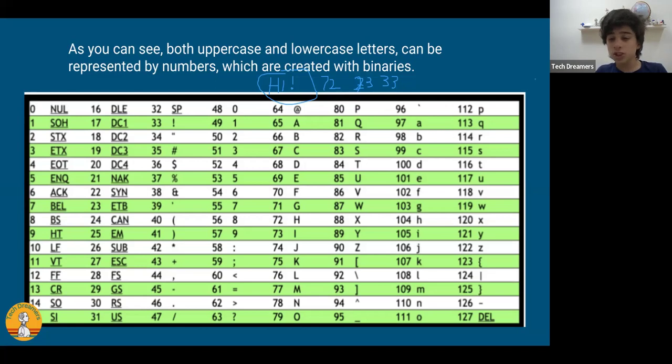So everyone has decided that it's easier to have one chart that everyone can agree on, so that no matter what, 57 will be 9, 40 will be an open parenthesis, 104 will be a lowercase h, 125 will be a curly bracket. Everybody has agreed on these values.